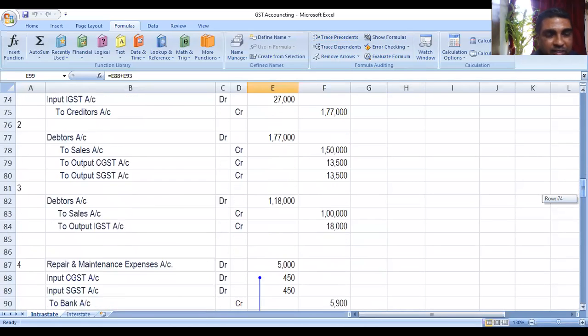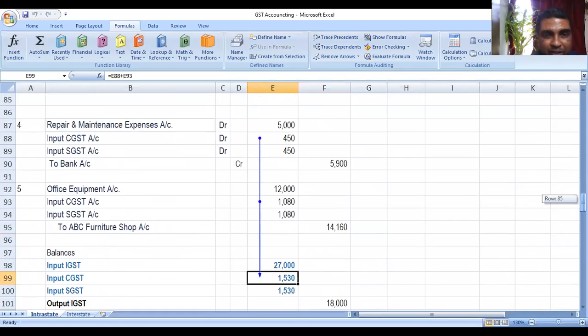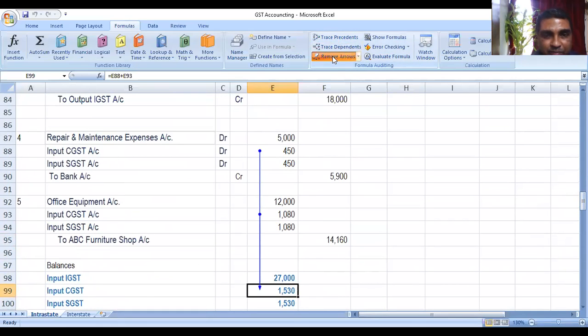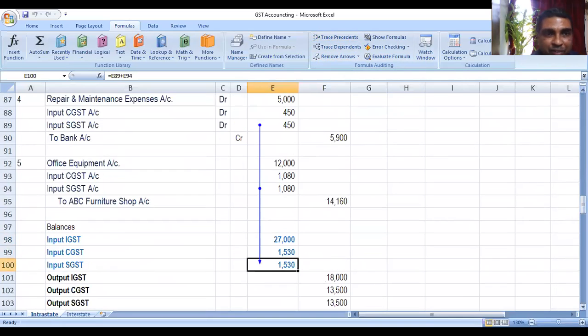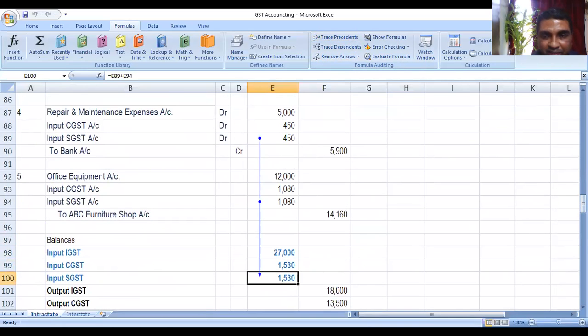No. The other thing is input IGST. Okay, understood this? Similarly, input SGST, if you see, again from furniture 1,080 and from repair and maintenance 450.